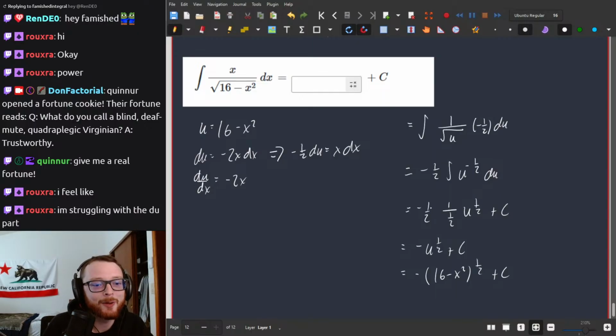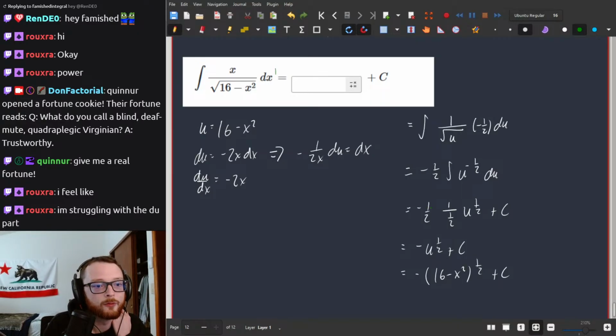So you could think about it the way that I did it here. The way that I actually do it in my head, though, is in the original integral, we had the dx. We want to get rid of that. We want to make it into a du. And so when I end up with a statement like this, I just divide whatever is in front of the dx. So I just want to isolate the dx. I'd think about it more like this.